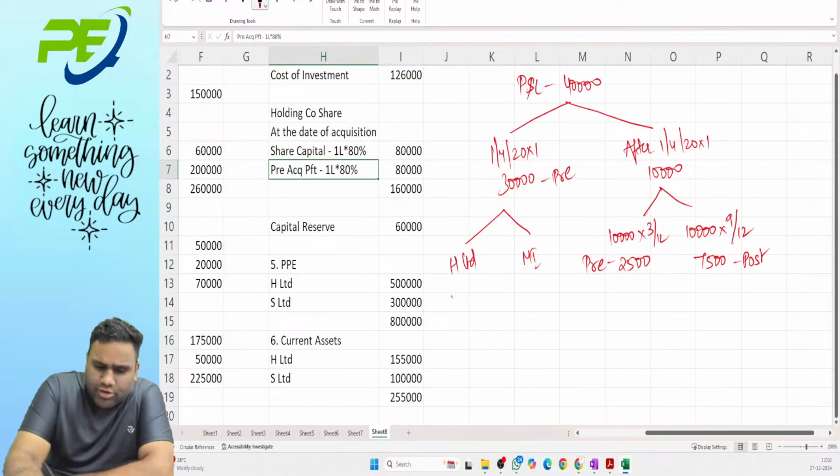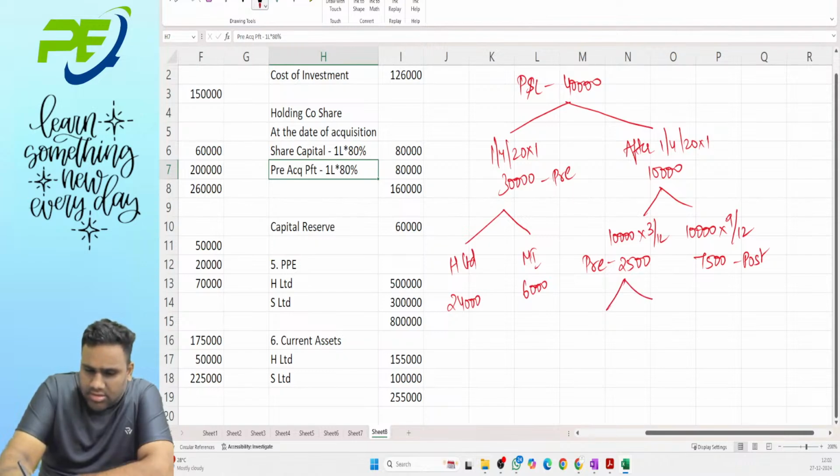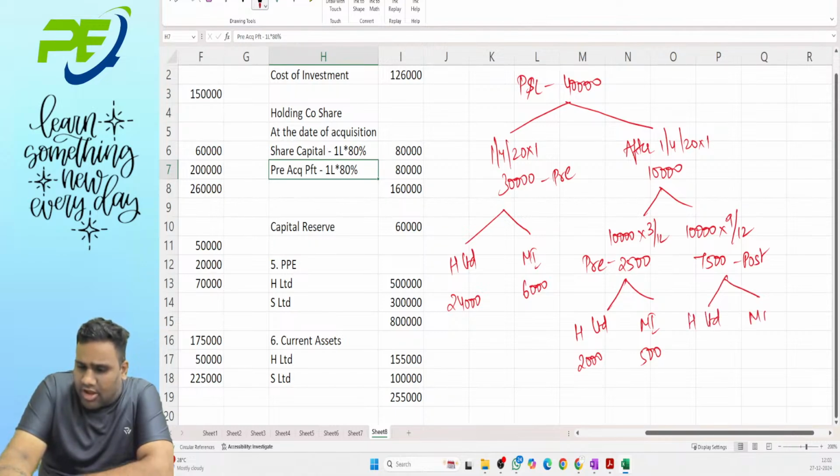It is 80%, so 24,000 and 6,000. H Limited minority 2,500. How much? 1,500.